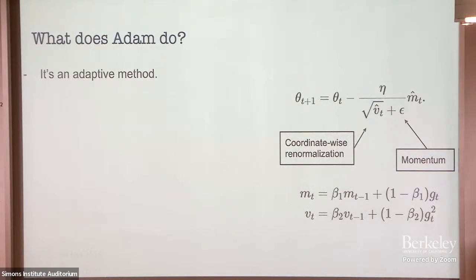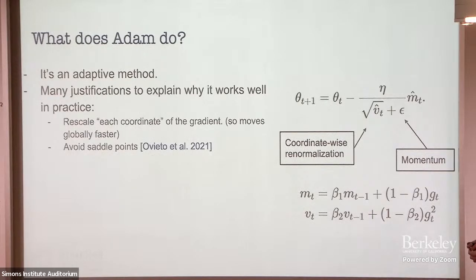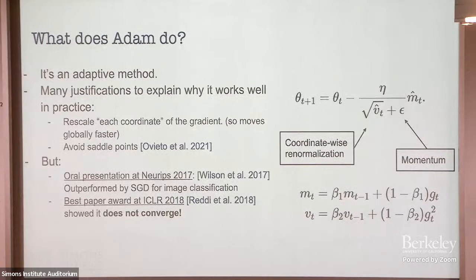So it's what's called an adaptive method, and there are many justifications to explain why it works well in practice, but this is not what I want to focus on, because all these explanations are in the context of minimization, and what I want to deal with is the context of min-max.